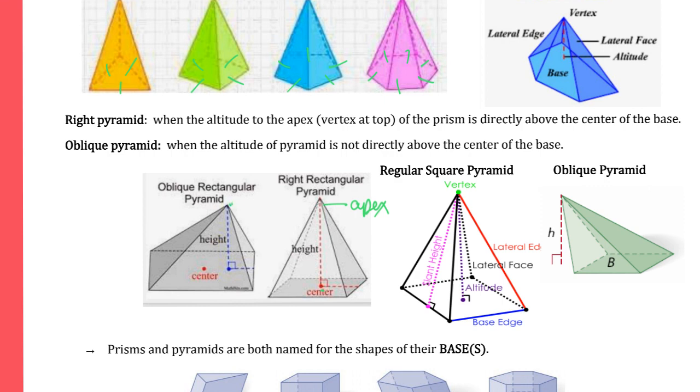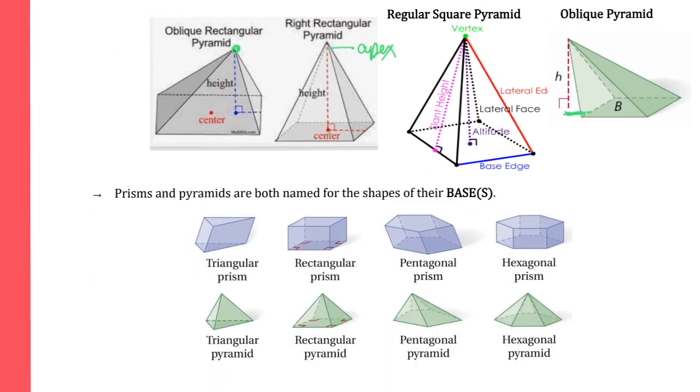But if you drop something like a little rock into this figure, you would notice it would land in the center. The oblique pyramids are slanted off to the side, and so their altitude, their height, does not go right to the center. Notice over here the altitude is actually outside of the figure. It always has to be at a right angle to the base, but there you go.